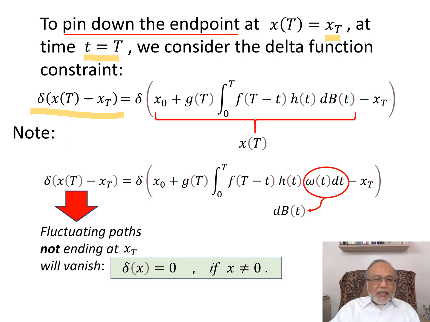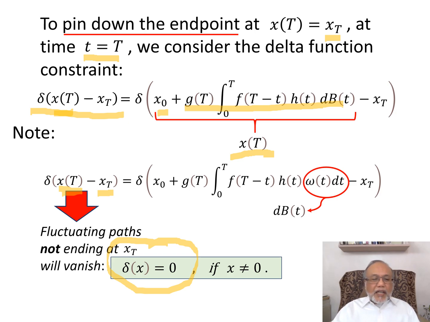Just note that this x sub t here can be written as our initial point plus fluctuation. The Dirac delta function is always 0, and only at the point where your initial point plus fluctuation hits your chosen endpoint would it light up, would it spike. Otherwise, it's always equal to 0.